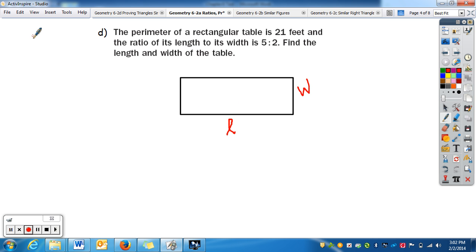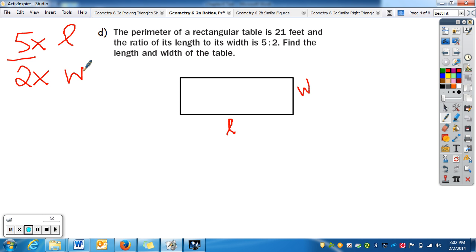Remember, 5/2 can be written as 5:2 or as 5/2, and a ratio means for every 5 you have 2. So for every 5 of the length, and we're going to put x next to it because we don't know how many sets of 5, there are 2 here. And 5 is your length and 2 is your width.